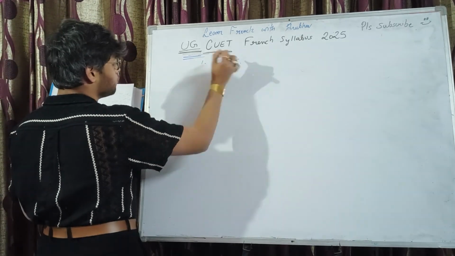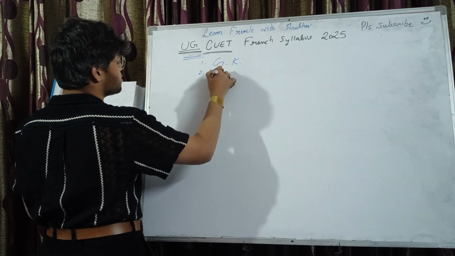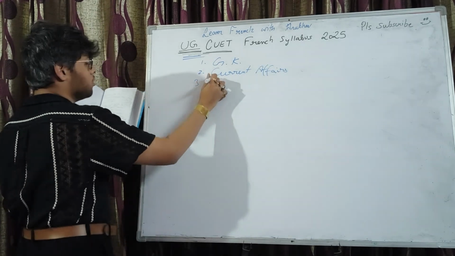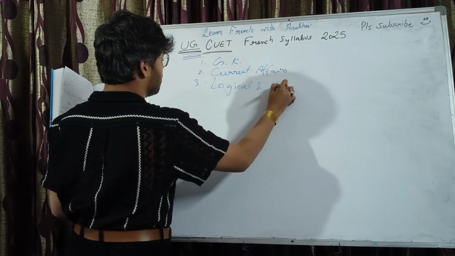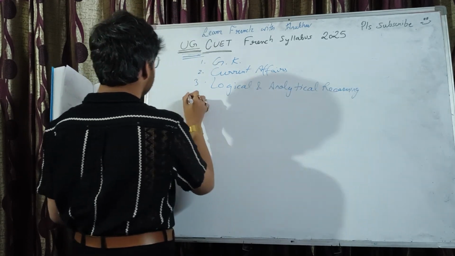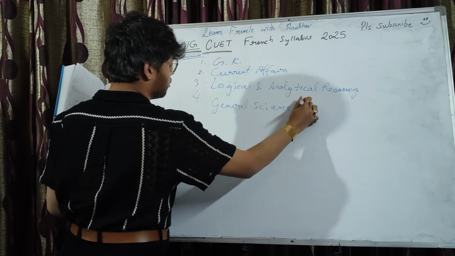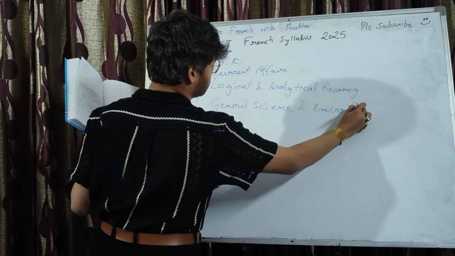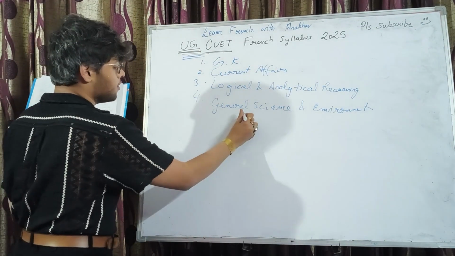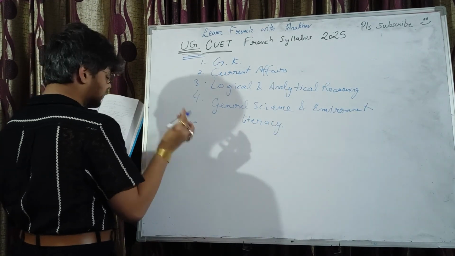First, you have general knowledge and current affairs, then logical and analytical reasoning, then general science and environment, environment literacy, and then reasoning.